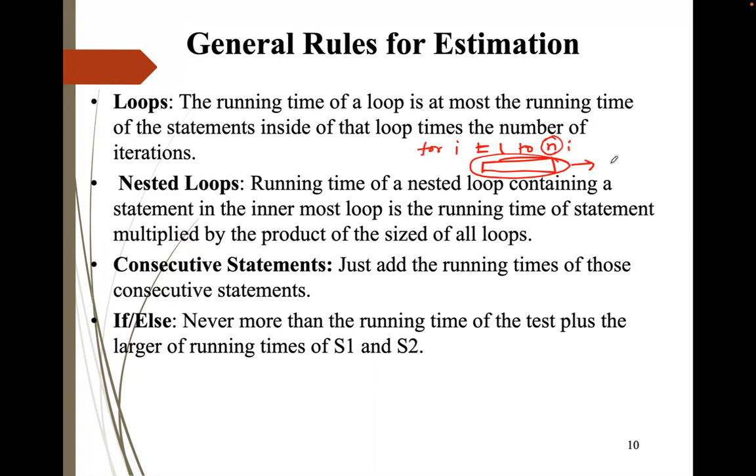So let's say this body takes c1 time, and we have n iterations. The runtime will be c1 times n, meaning proportional to n.